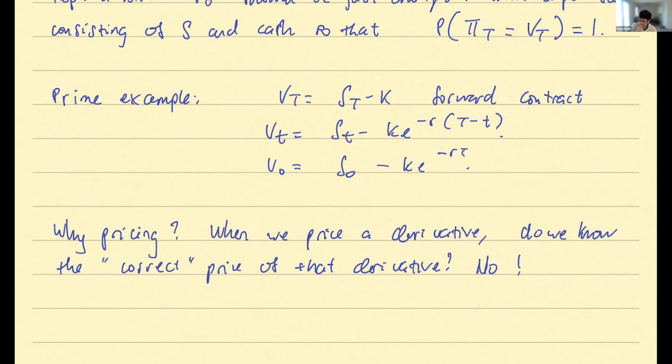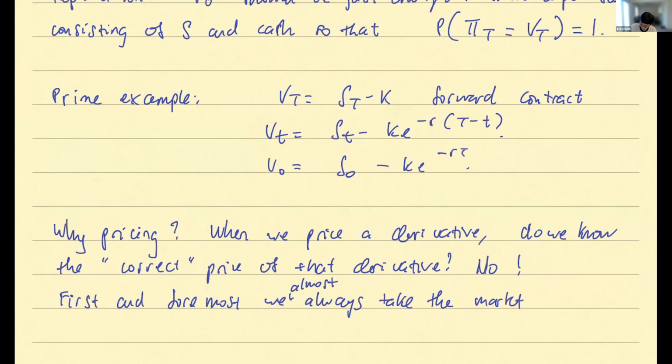In fact, when you go out there in the market, the activity of pricing, first and foremost, we always take the market price, well, let me say almost always, okay? If available, as the correct price.